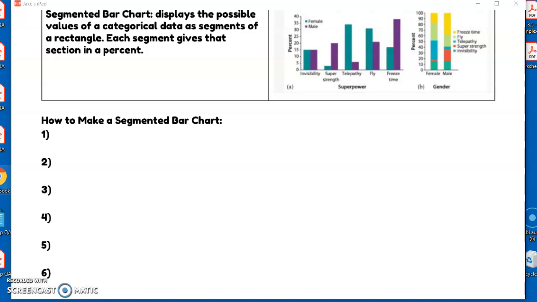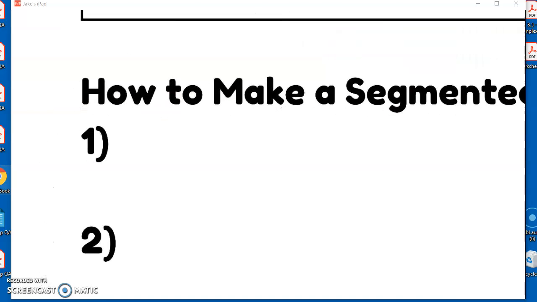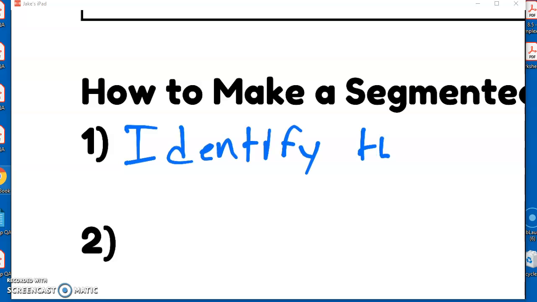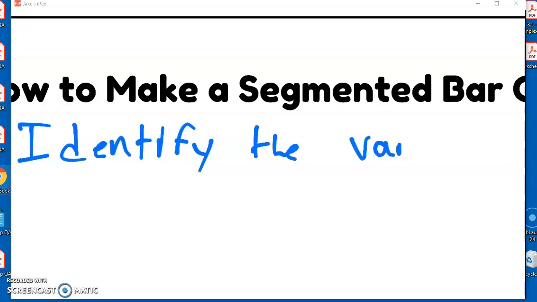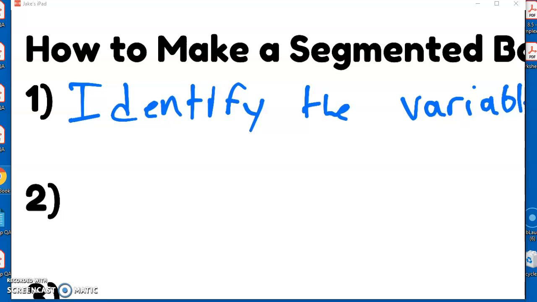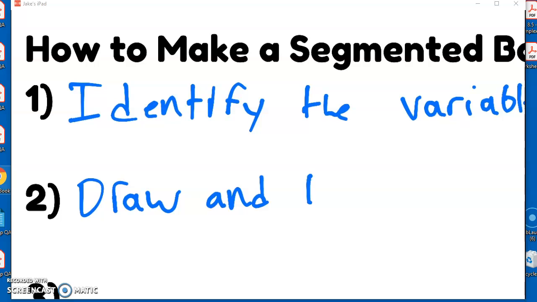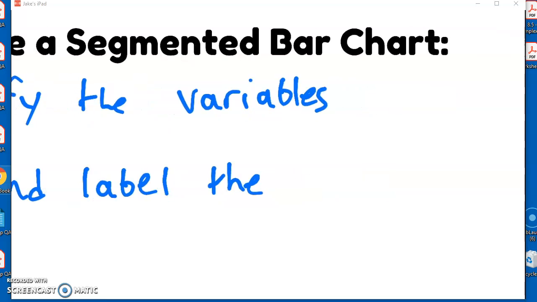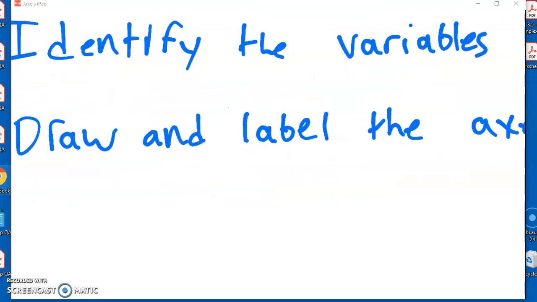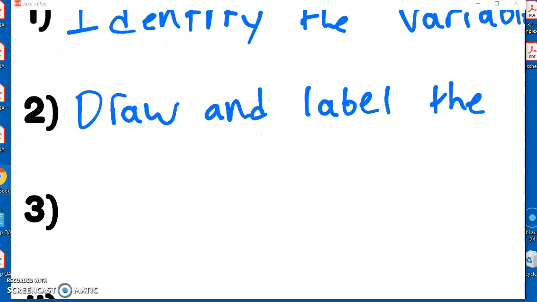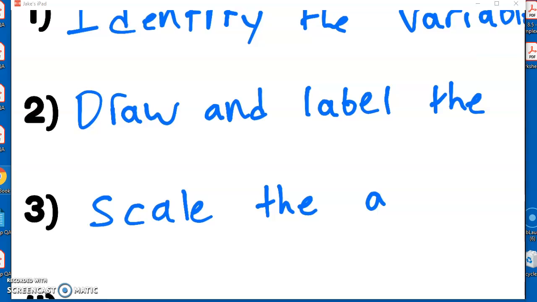There are 6 steps. First, identify the variables. Second step, draw and label the axes. Third step, scale the axes.